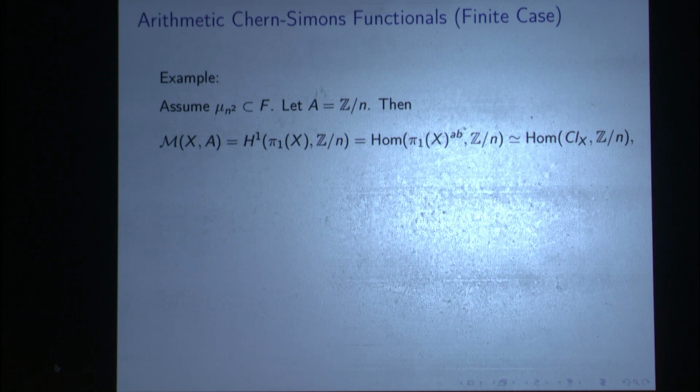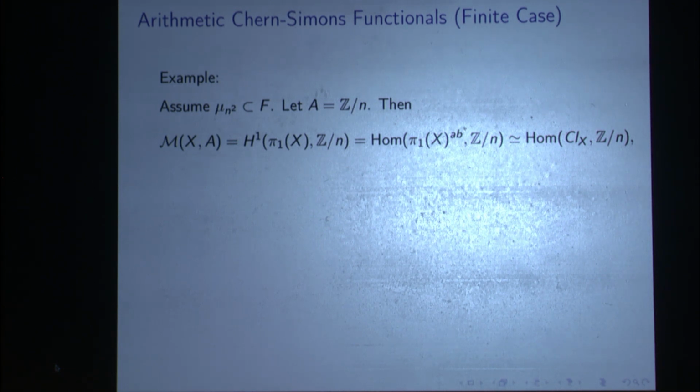I stated without any proof earlier that the abelianization of pi1 is simply the ideal class group. So these are just the dual of the ideal class group. That's all this is, the space of representations in this case. This is a finite group that can be explicitly computed given an algebraic number field.